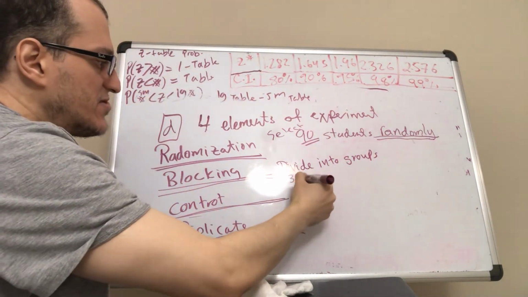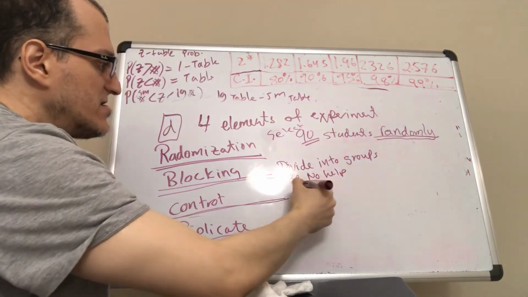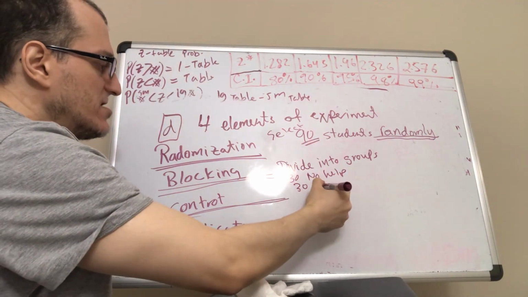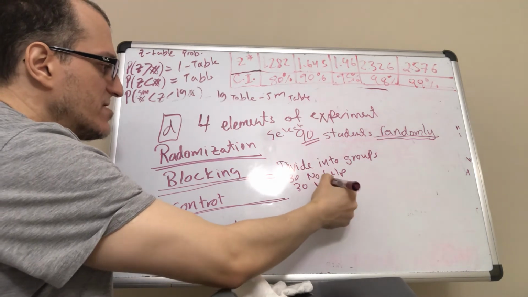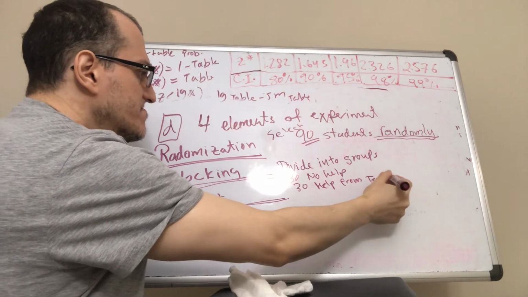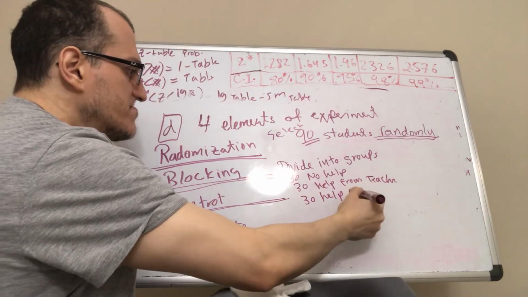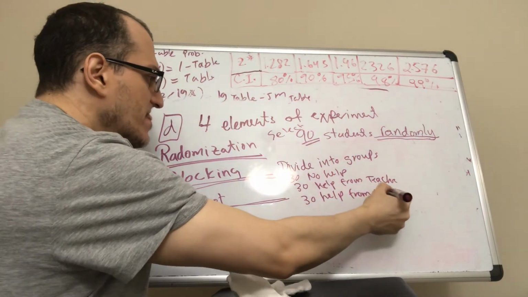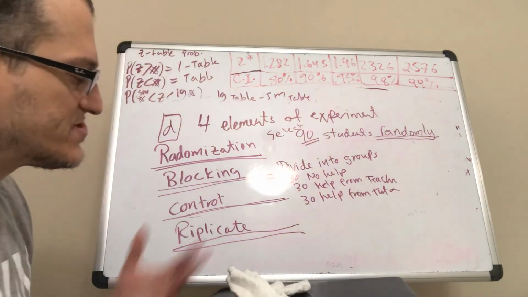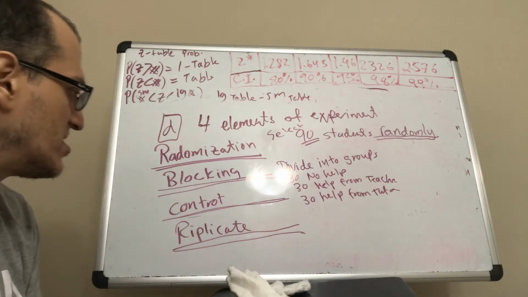So let's say 30 get no help, 30 get help from a teacher, 30 get help from a tutor. You divide them into groups. Anything that indicates that you're dividing them into groups.